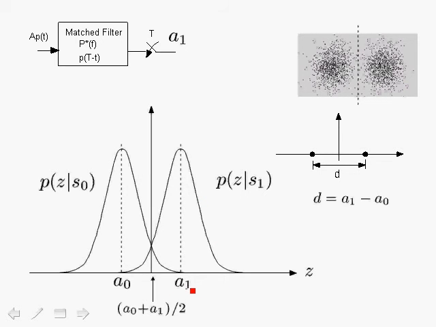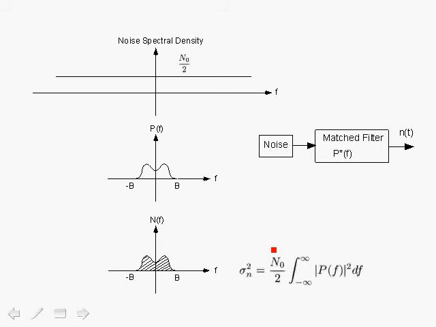The mean value would be A1 shown over here, corresponding to this point here. However, because of the noise, we will have a normal distribution around that, corresponding to the noise in the channel. The variance of the noise is computed as shown over here, so it's equal to sigma n squared, the variance of the filtered noise, as the noise is filtered by the match filter, as shown over here.